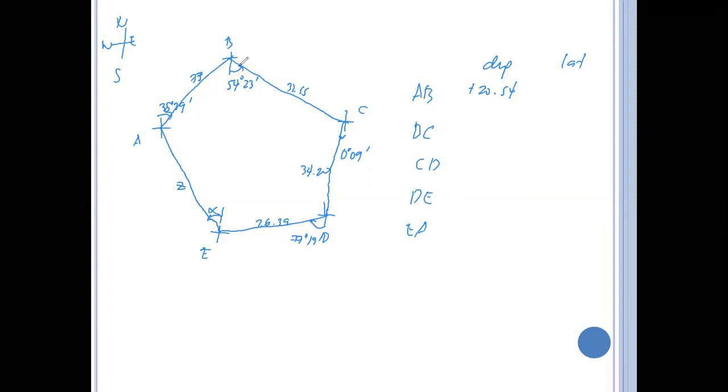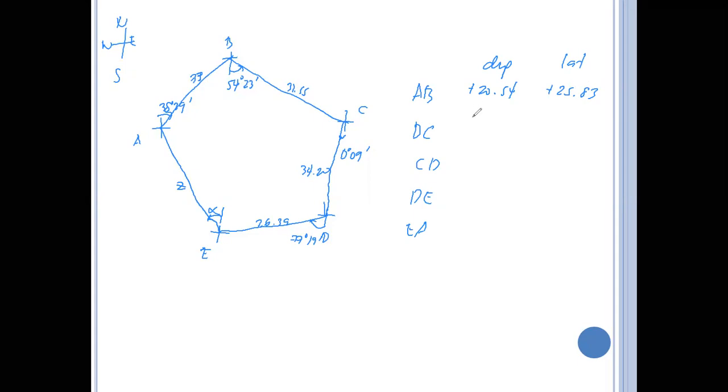And for the latitude, from A to B going upward, so positive still. So 33 cosine of the given angle will give us positive 25.83. Doing the same process for the remaining sides, we can determine the corresponding latitude and departure values.